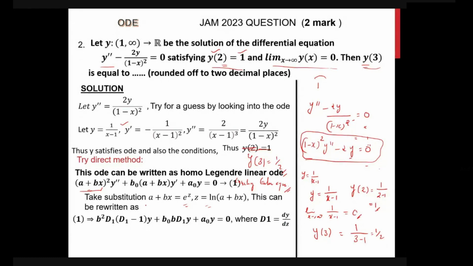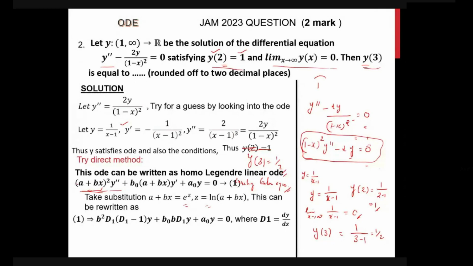I'm not going to solve all this and derive it, because this is available in most of the textbooks. You should refer to this. Also, in the JAM examination hall, you don't get the time to substitute and derive this solution. So you should study what the solution is.